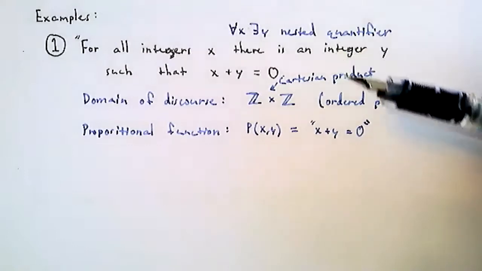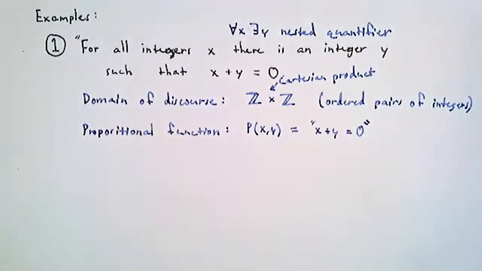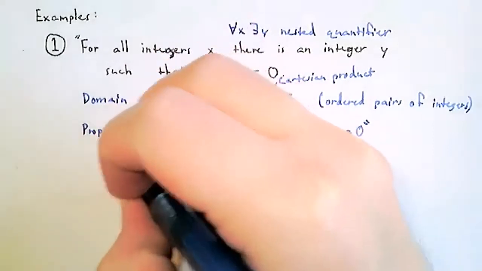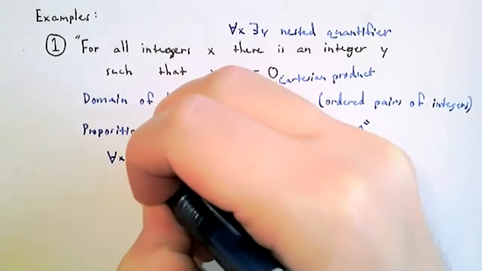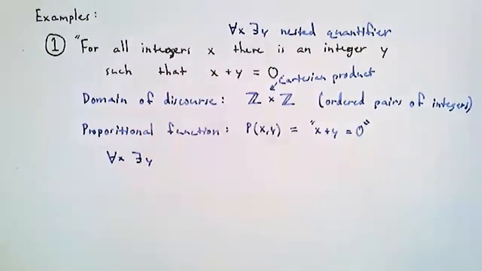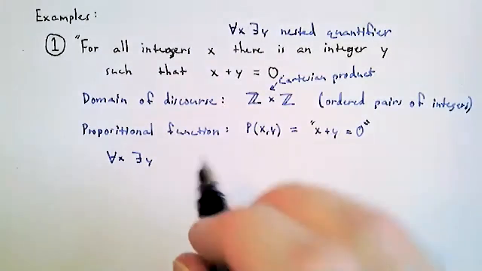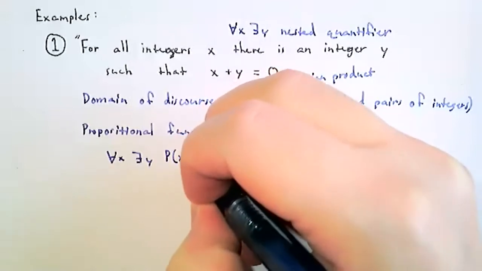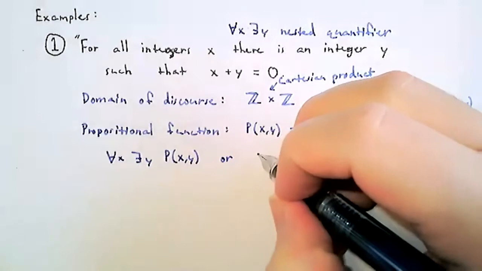So using all of this information, we can now rewrite the sentence using symbols. We start with our nested quantifiers. For all x, there exists a y. And then you can either just write the propositional function P of x, y, or you can write out the equation.